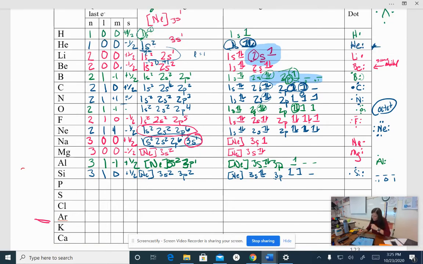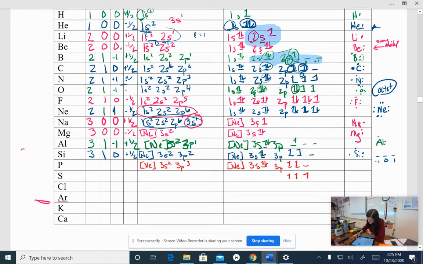So if I have phosphorus, I'm still going to have neon, 3s2, 3p3 now. Neon, 3s up and down, 3p up, up, up.